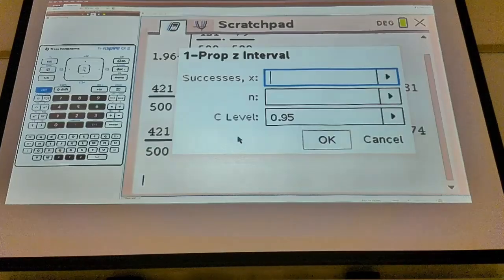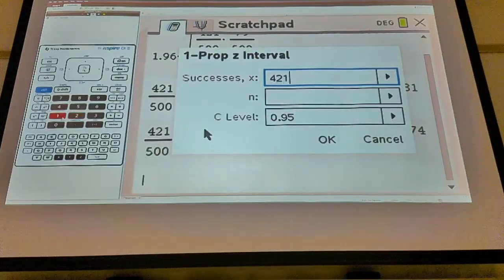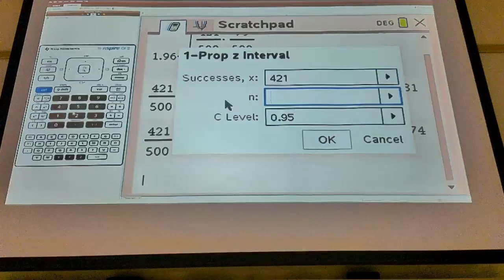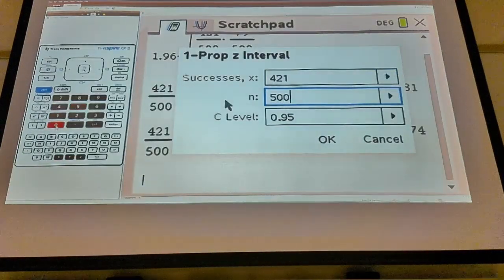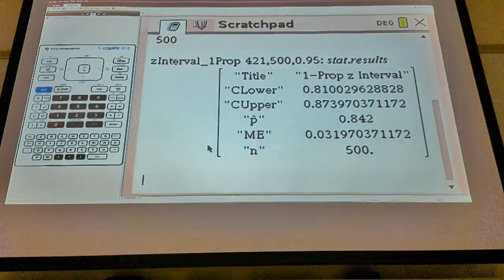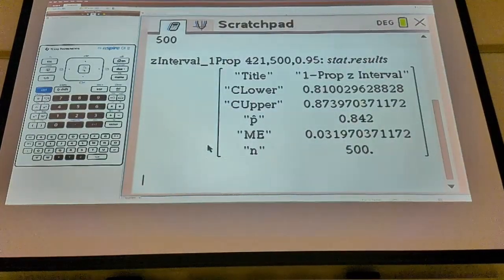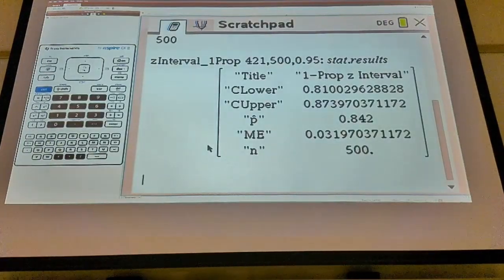So number of successes. I'm doing the previous problem right now, 421. Sample size, 500, and the C level, 0.95. Hit OK. And there you go. So again, a good way to check.